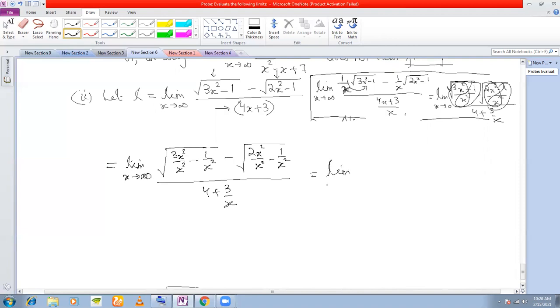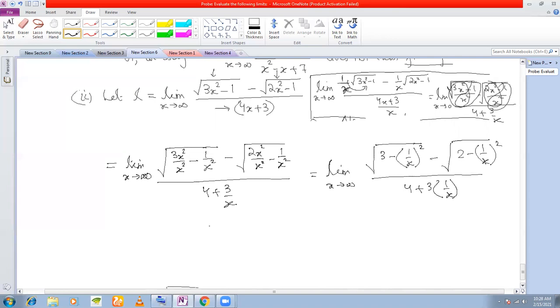So you are going to get root over of 3 minus 1 by x square, minus root over of 2 minus 1 by x square, divided by 4 plus 3 into 1 by x. Now you put y is equal to 1 by x. You'll get the same thing. Understood? You'll get exactly the same thing.